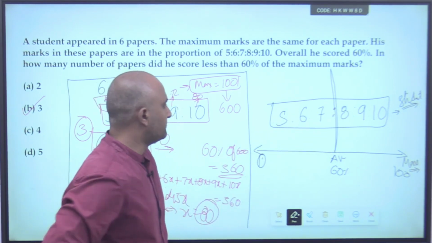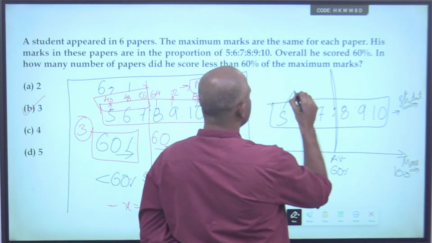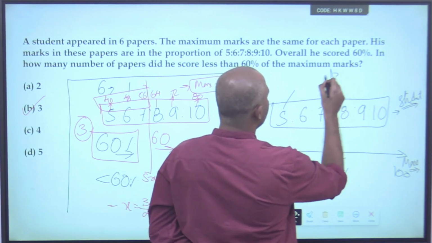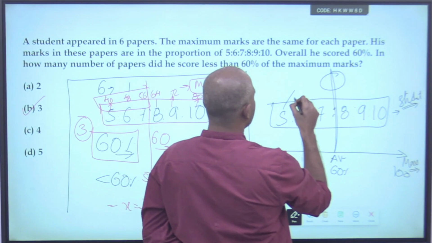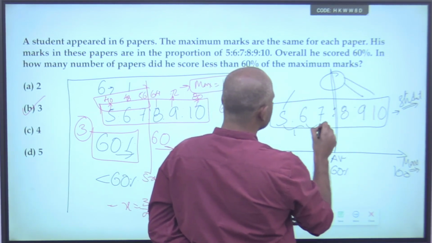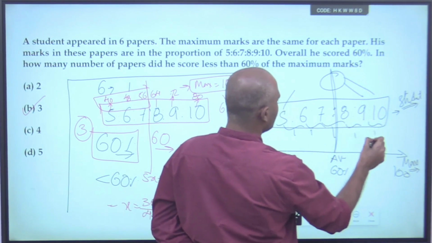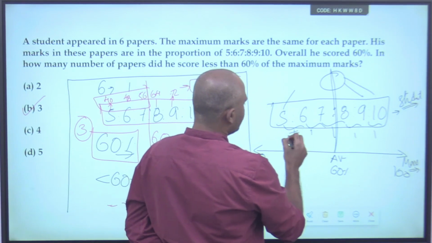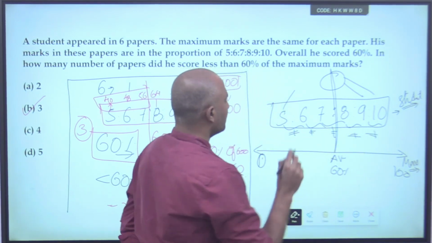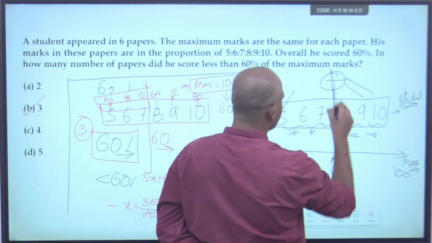Now, if you observe our deviation method, you take any value in between here. Since the deviation is only 1 between all of them, the upper and lower ones will get cancelled, and your average will be somewhere between 7 and 8.